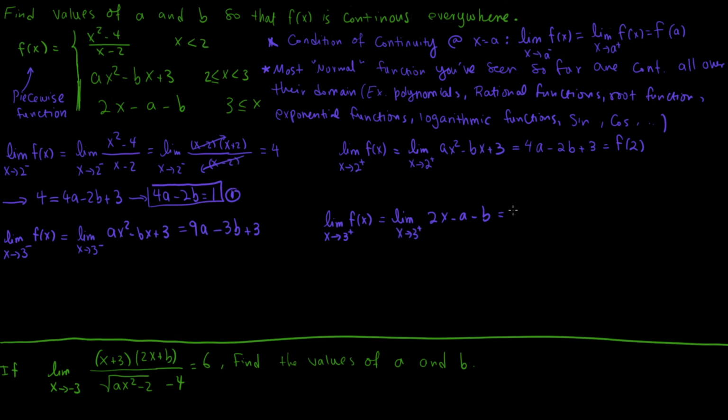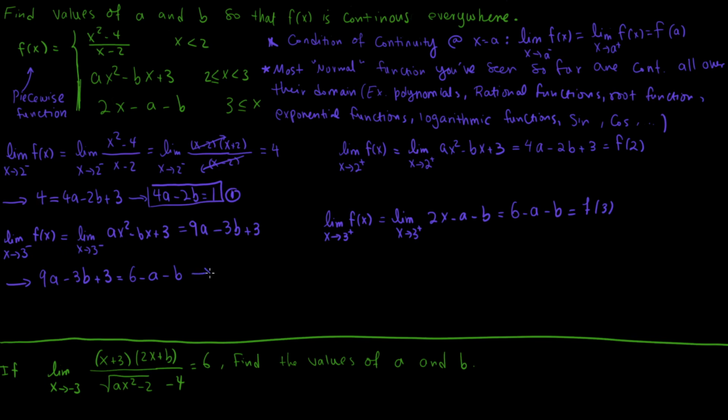I'm just going to plug it in. Becomes 6 minus a minus b. And again, as an added bonus, this is also equal to f of 3. Because when x is equal to 3, you have to use the bottom expression. And then from here, these two have to be equal to each other. So it's 9a minus 3b plus 3 is equal to 6 minus a minus b.